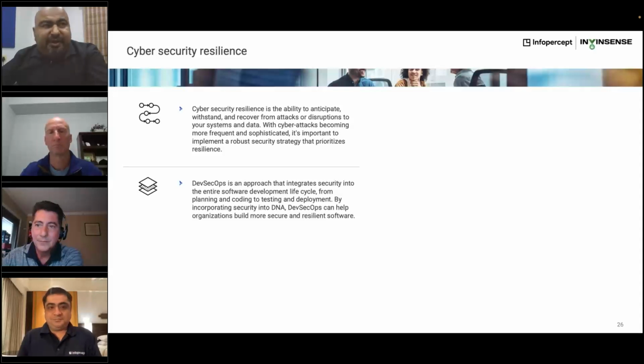Now, when we say DevSecOps, people talk about more and more tools and technologies. What I believe personally is that it is not only tools and technology, but DevSecOps is a practice and disciplinary action that can be introduced and implemented in the team right from the start and moving forward.